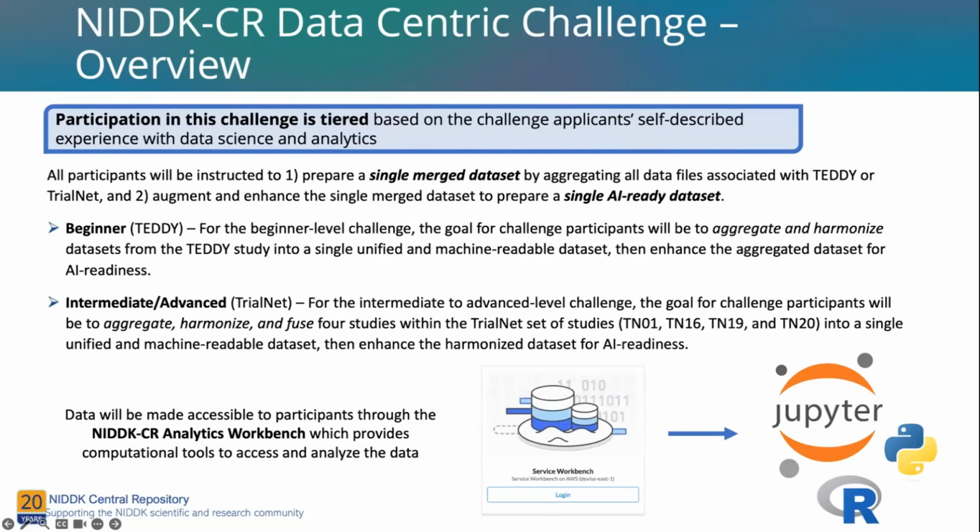And this data will be made accessible to participants through the NIDDK Central Repository Analytics Workbench, which provides tools for participants to analyze and access the data. And so this challenge is a great opportunity for all of you to apply the methods and techniques you'll learn today. And so with that, I will switch over to Summer, who will go through the first part of the presentation.